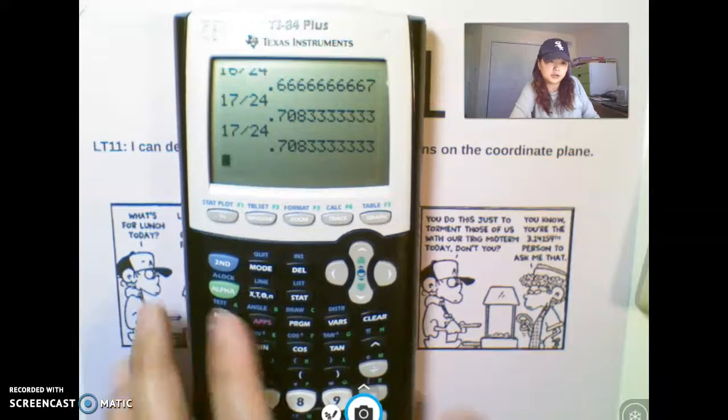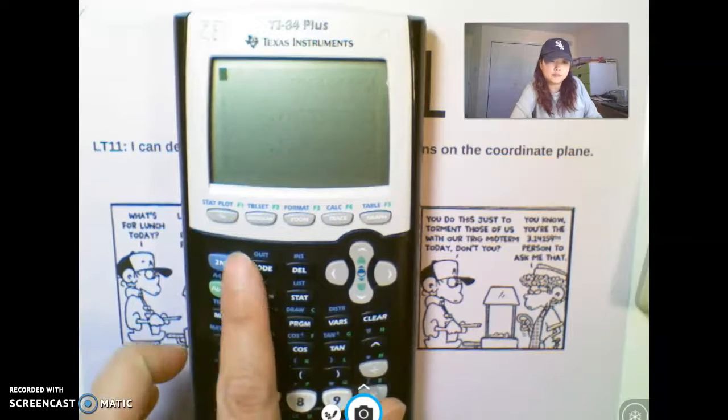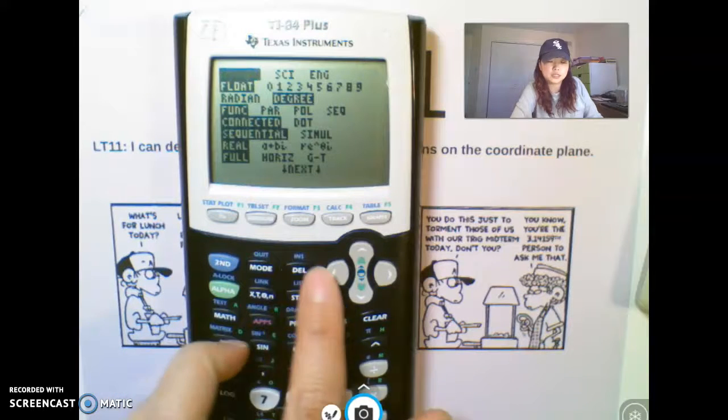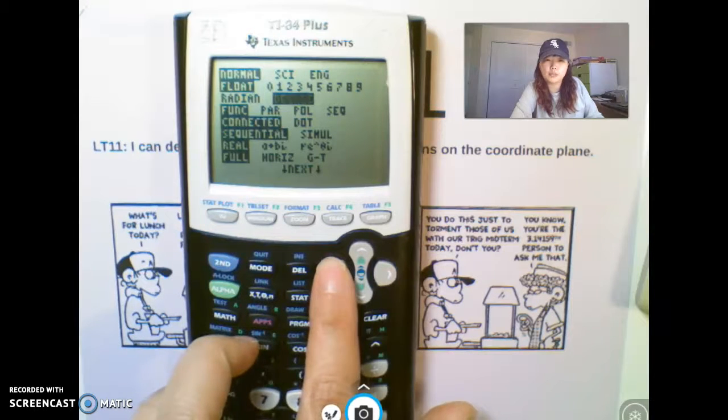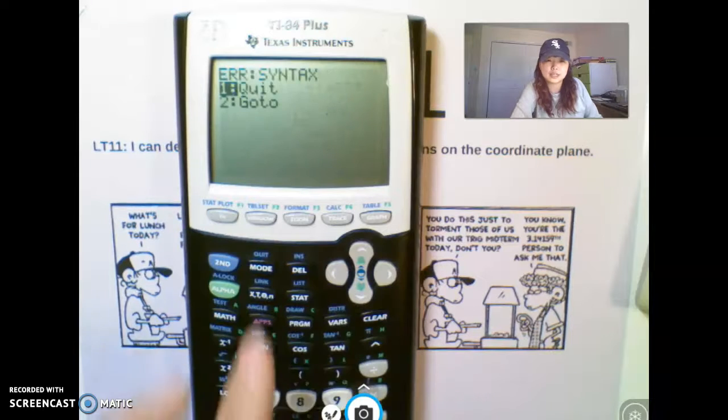So let's say this is a calculator, right? Regular calculator. If you go to mode, do you see? Right there, right now, this calculator is set in degrees. What we're going to do is talk about this thing called radian right there. Do you see? I can change that setting to radian.